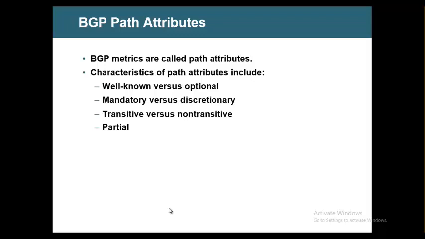Say for example, human. A human's well-known attribute is he can speak, he can reason. That's a well-known attribute. But a human's optional attribute is to protect himself or herself.